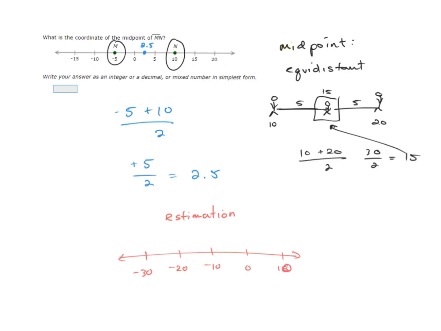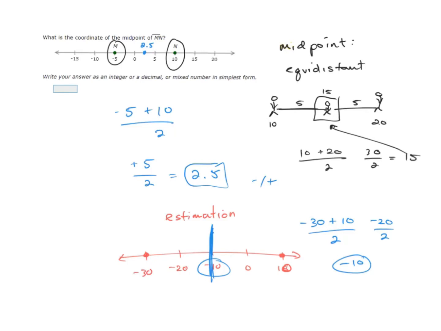If I put a point here and a point here, and I just try to make a line somewhere in the middle, odds are my answer is going to be around -10, somewhere. And then if I just work it out, -20 over 2, I end up with that -10. So estimation at midpoint is going to help you eliminate mistakes with decimals or negative positive signs.